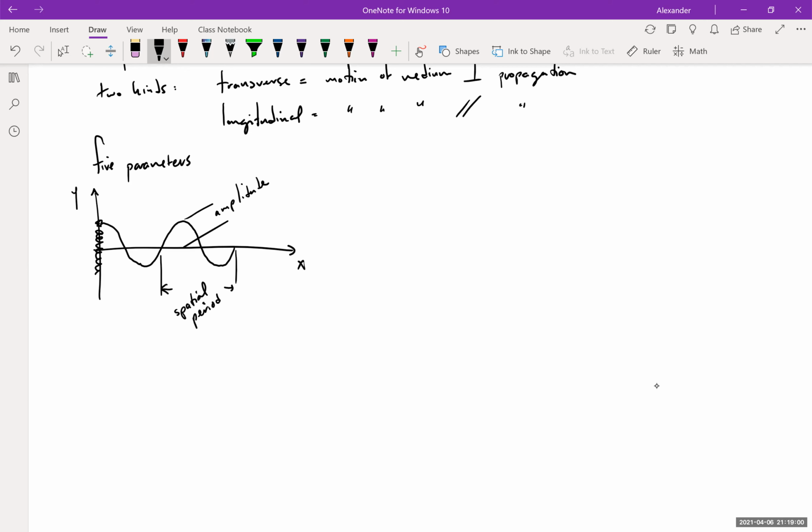The amount of space that it takes this periodic disturbance to repeat. What is the period in space, the spatial period of this phenomenon? Suppose we wrote that with the Greek letter lambda.